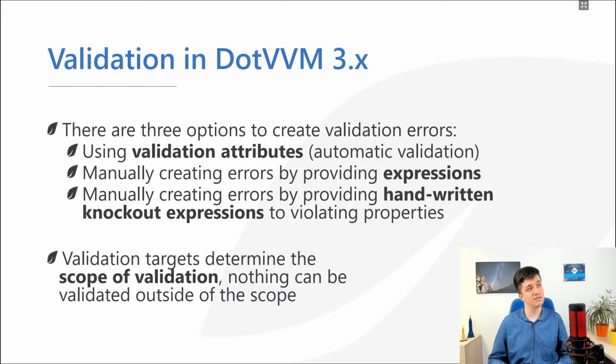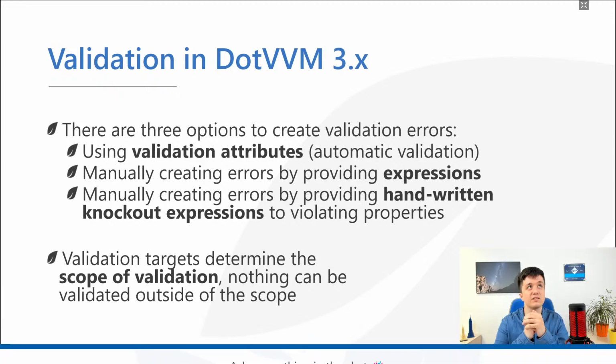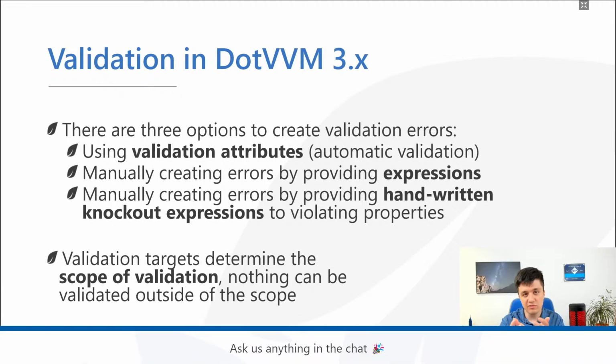The first, the most common and most encouraged option, is of course to use our automatic validation mechanism. So how does this work? I'm pretty sure that most DotVVM developers are familiar with it.